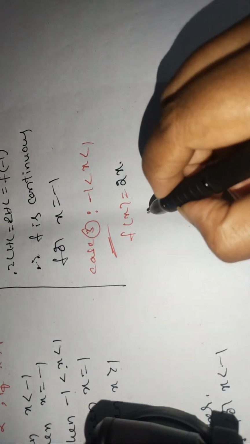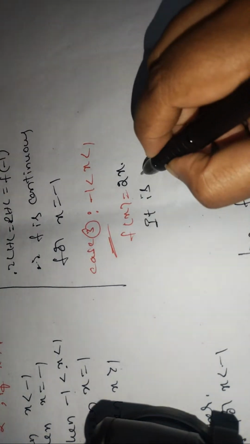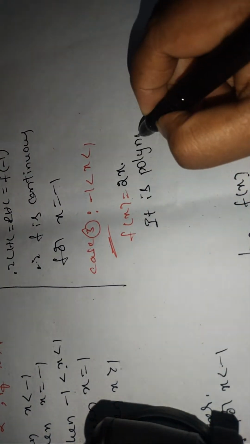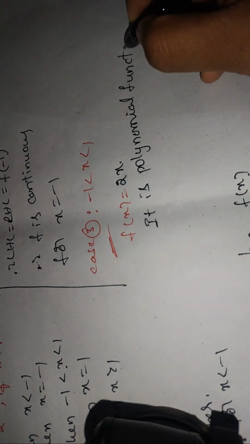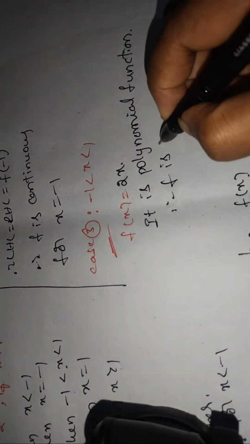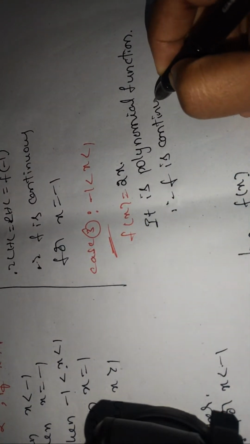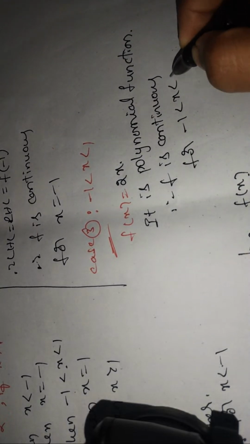Which type of function is it, polynomial or constant? It is a polynomial function. Therefore, f is continuous for minus 1 less than x less than 1.